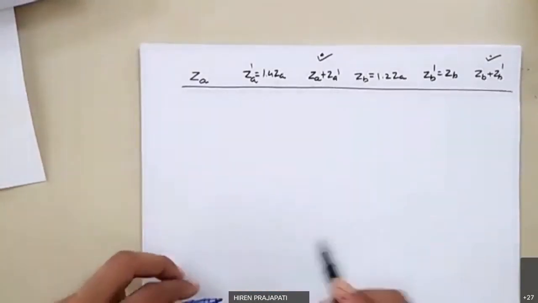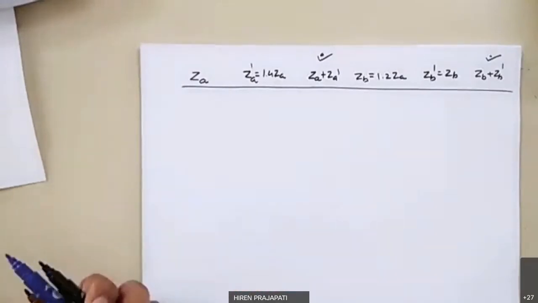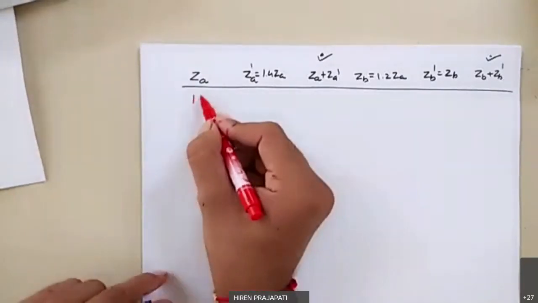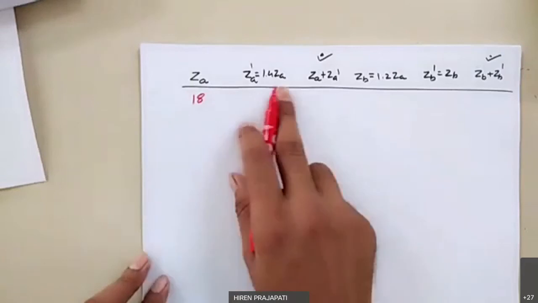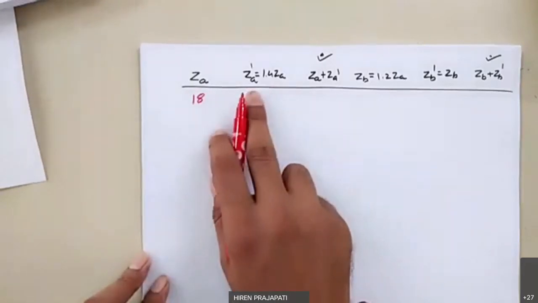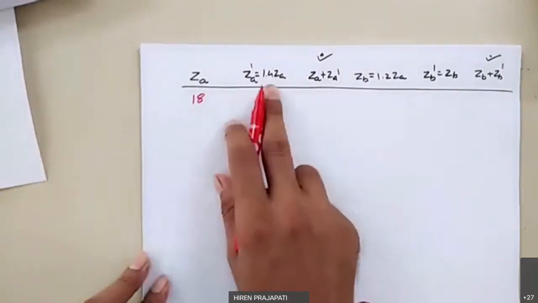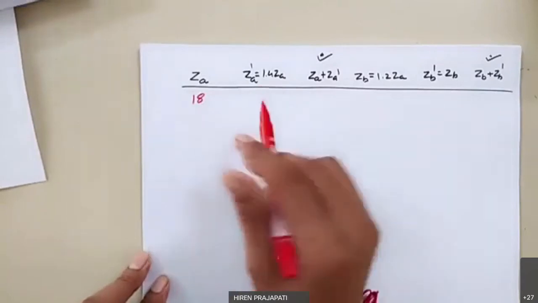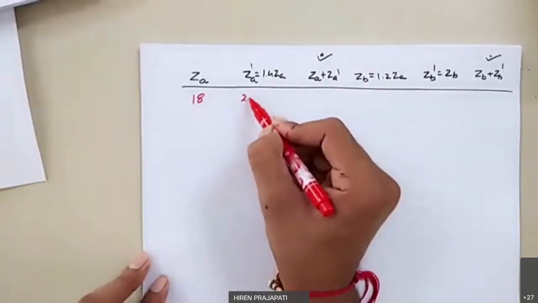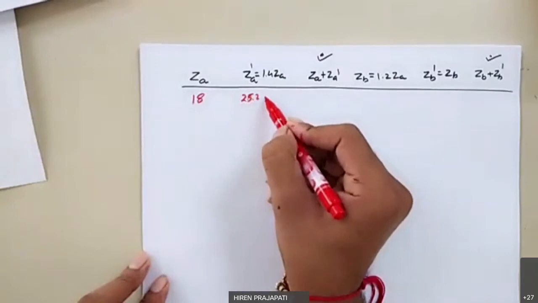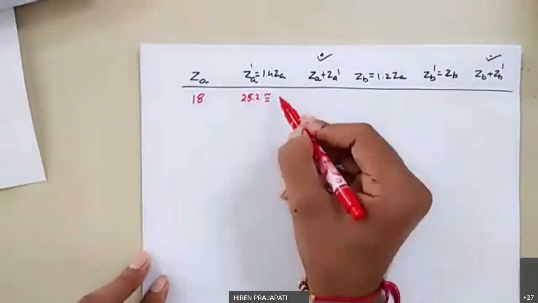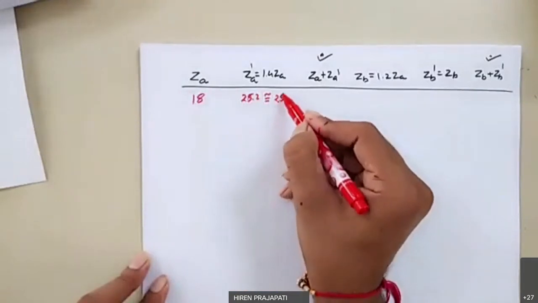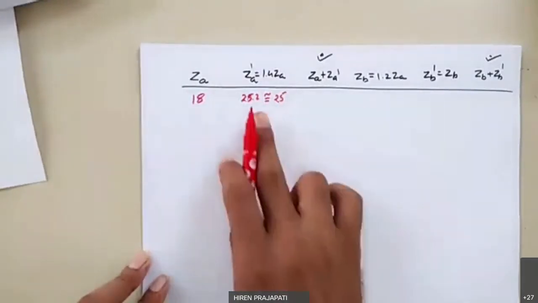First, we need to assume a number of teeth on ZA. So let us assume 18. Put 18 here, then how much do we get as ZA dash? 18 into 1.4, then ZA dash we get 25.2. If we round off, we get 25.